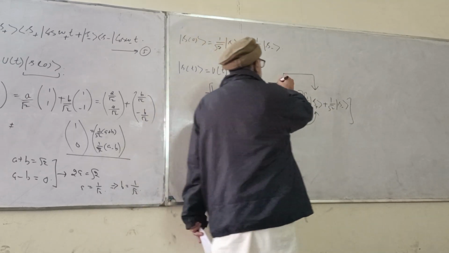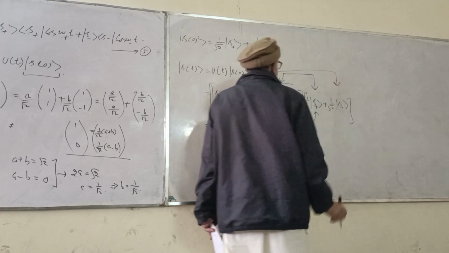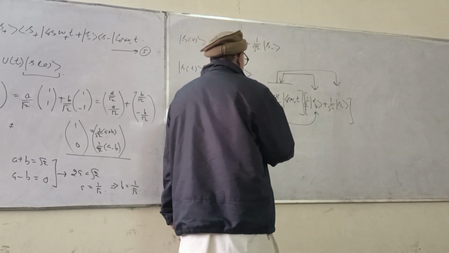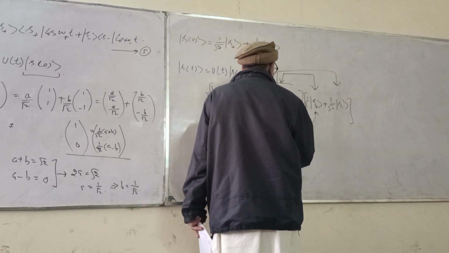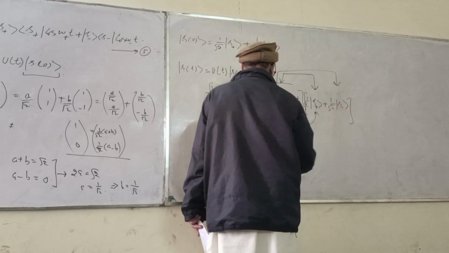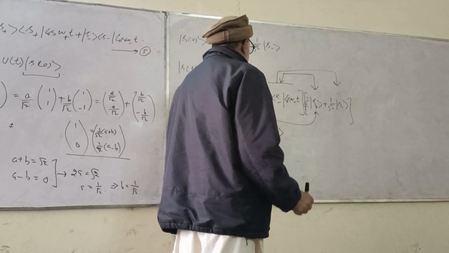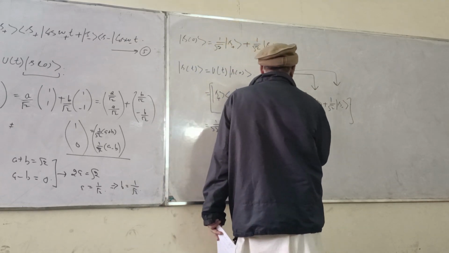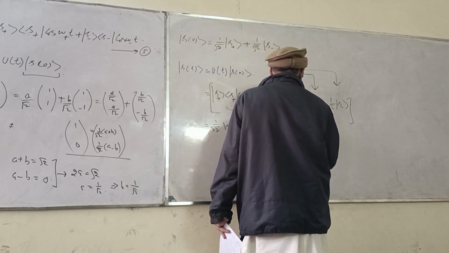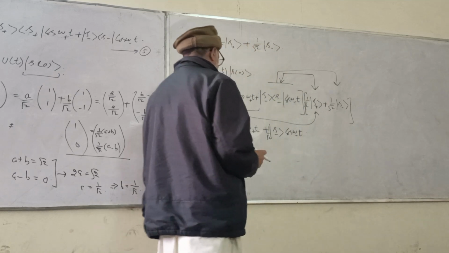So the only thing that we are left is this thing. So that will be S minus, and this will be equal to 1, and here is 1/2 square root, and cosine of omega minus t.